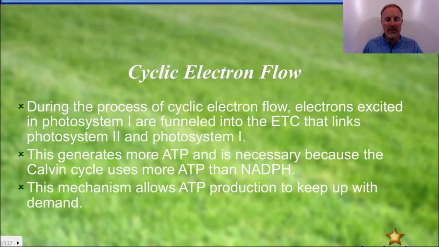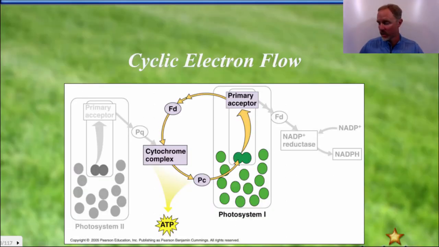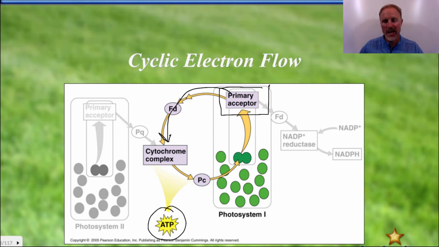And then if we have cyclic electron flow, what happens is photosystem 1 works a little bit slower than photosystem 2. So in order to keep up with the demands and make sure we're efficiently using the ATP, as these electrons start to get backlogged at the top of photosystem 1, we can funnel them back into the electron transport chain that generates the ATP, so we're not wasting the energy.